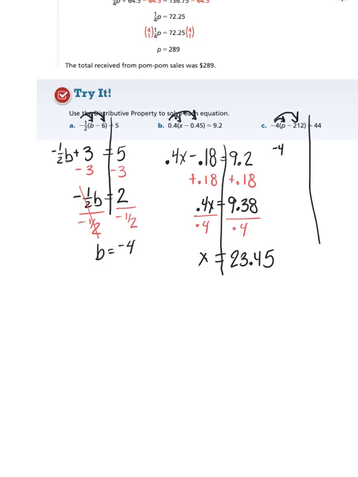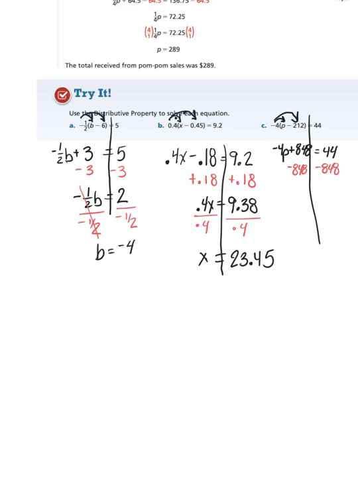You have -4p plus you have a negative times a negative, which becomes a positive 848 equal to 44. You are going to, again, that's right, subtract 848. Okay.